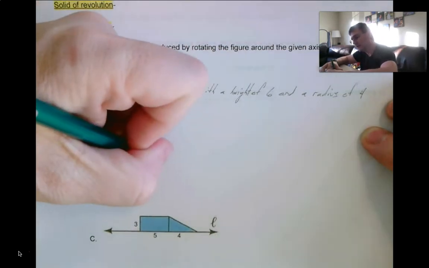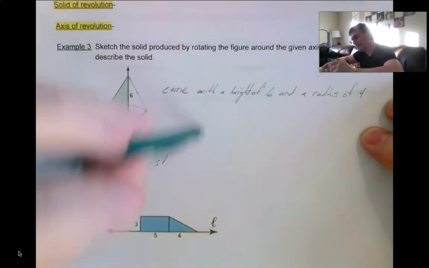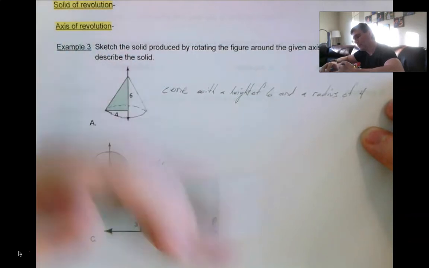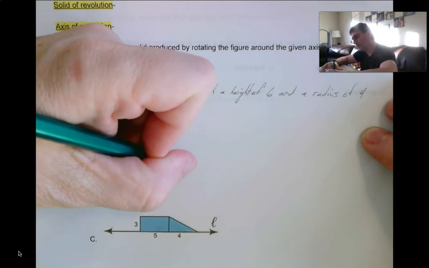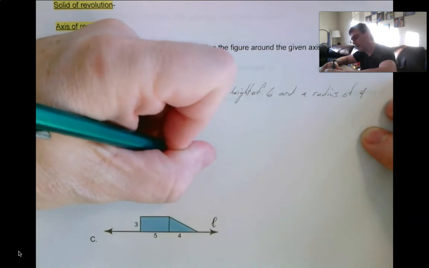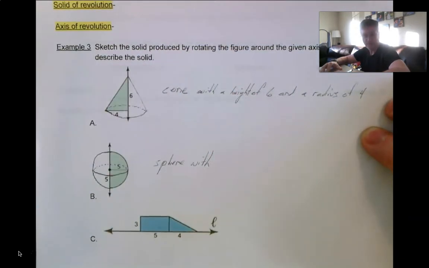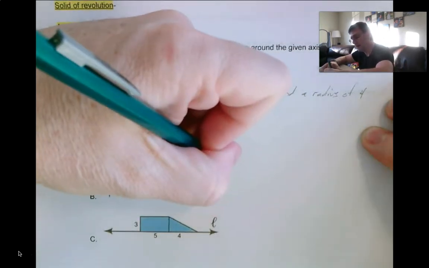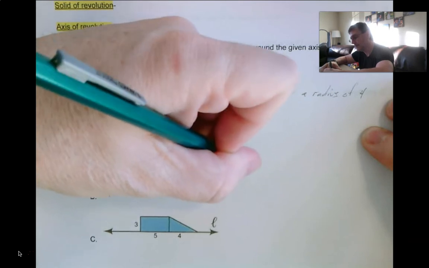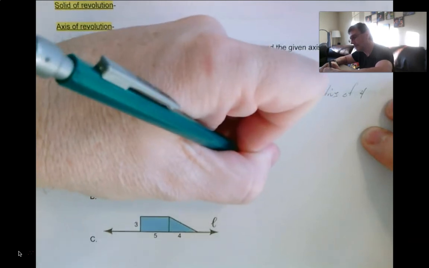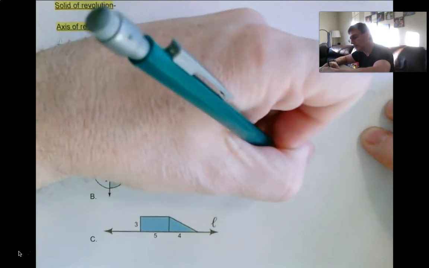It's going to make a sphere. Now for a sphere, there's only one dimension to describe, with a radius of 5.